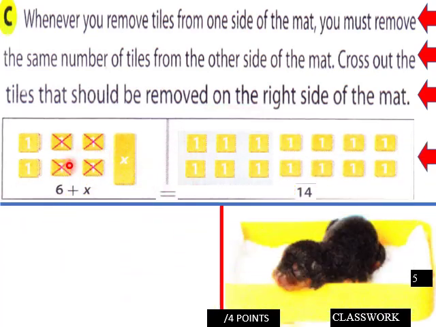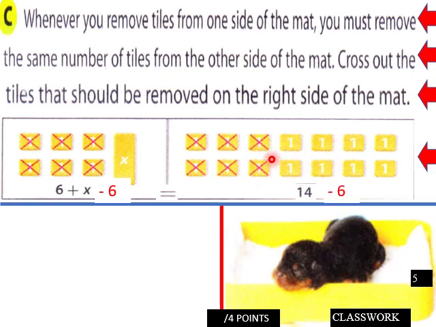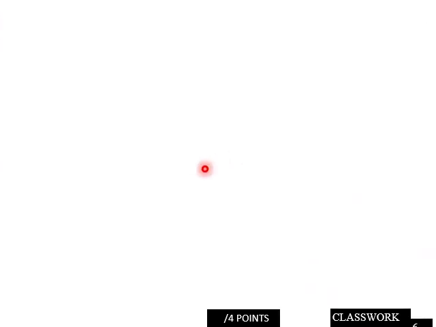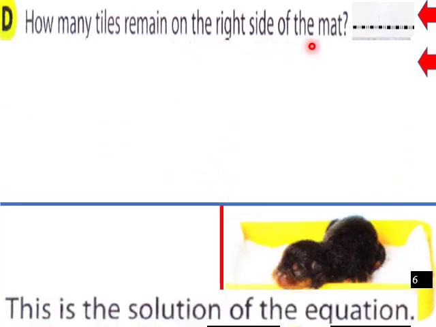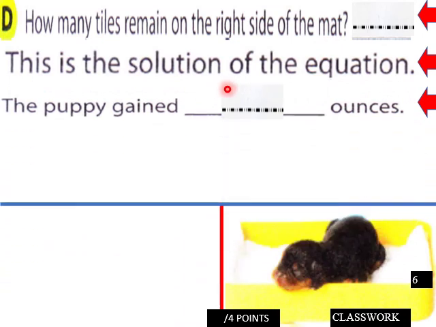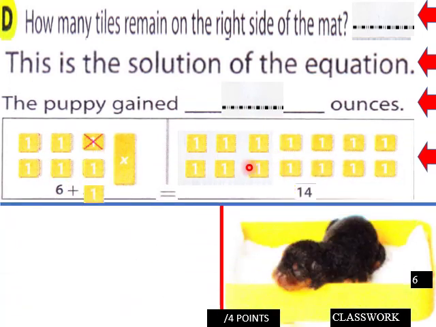So we remove 6 over here to get rid of this 6. Over here we have to subtract 6 as well. What are we left with? What's 14 minus 6? How many tiles remain on the right side of the mat? This is the solution of the equation. The puppy gained blank ounces.